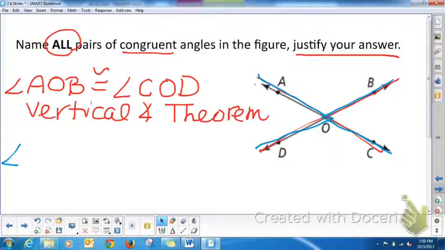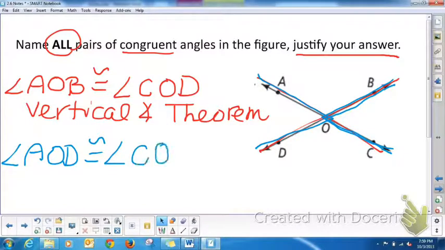Also, angle AOD is congruent to angle COB because of the vertical angle theorem.